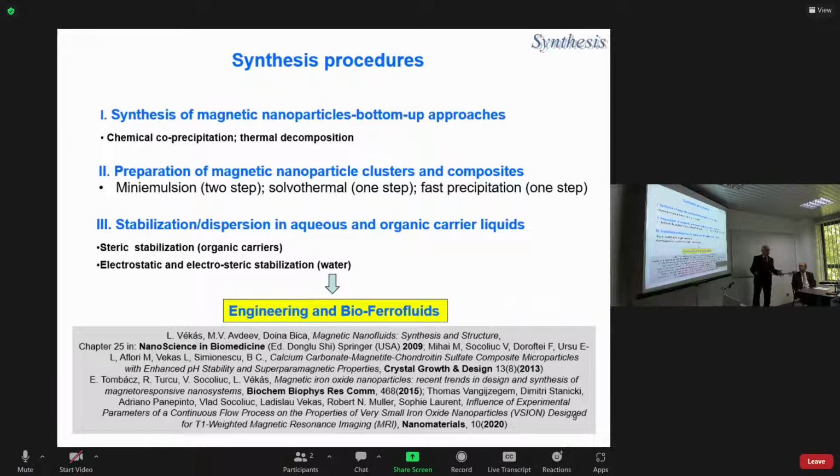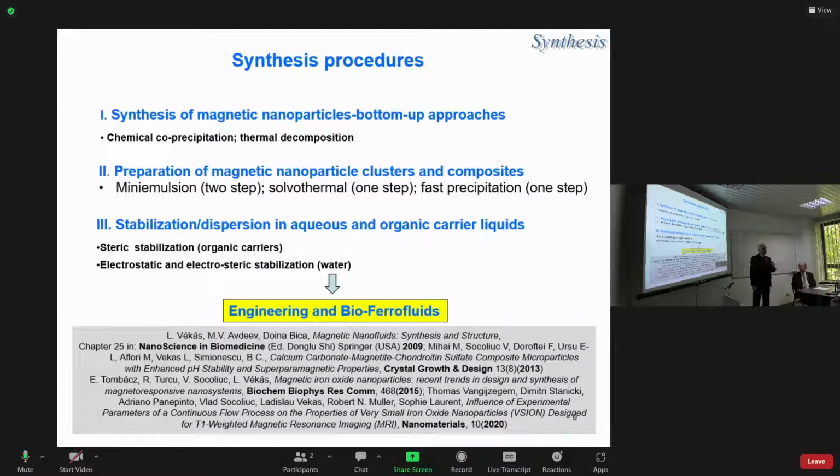What procedures do we apply? I would like to say that we have our lab in Timișoara. Dr. Turcu and Rodica have laboratories in Cluj, so this is an overall picture of what we are doing in the synthesis of nanoparticles. By chemical co-precipitation, which most of you probably know, is the most popular, perhaps the simplest, and the cheapest procedure.